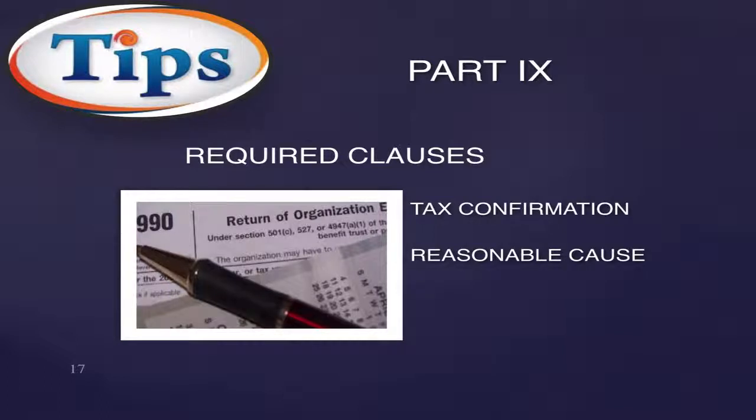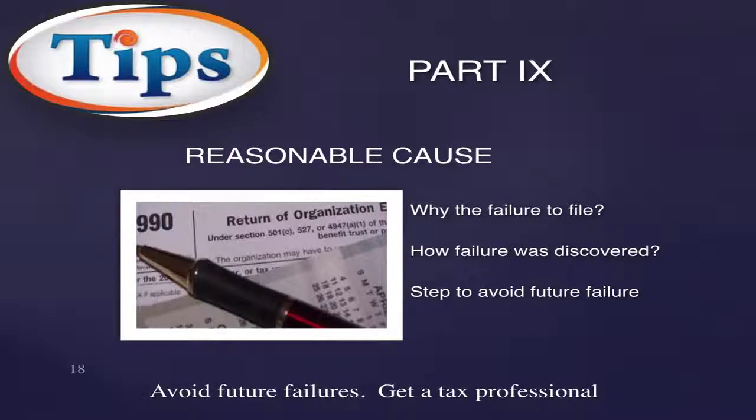This is a statement confirming that the organization has filed required returns for those 3 years and for any other taxable years after such period and before the postmark date of the application for which required returns were due and not filed. The second of the 2 clauses is a reasonable clause statement. This reasonable clause statement is very important.